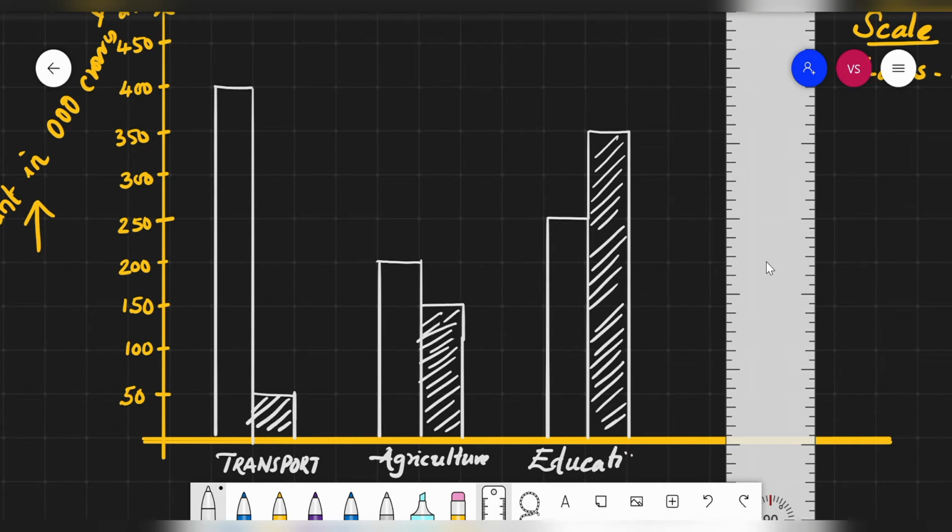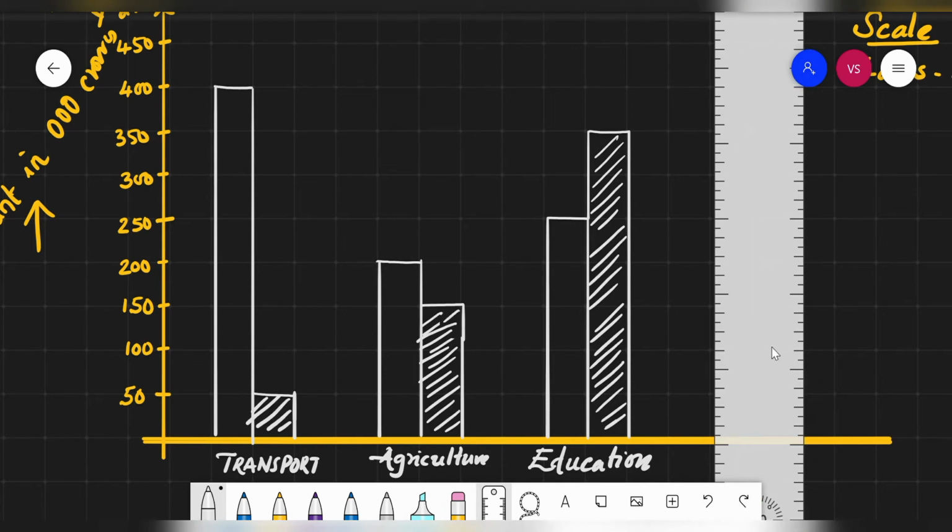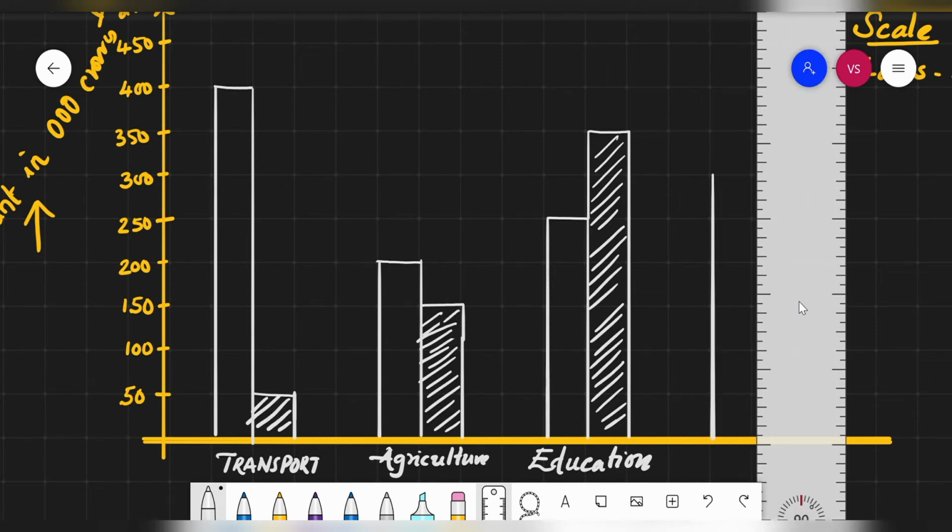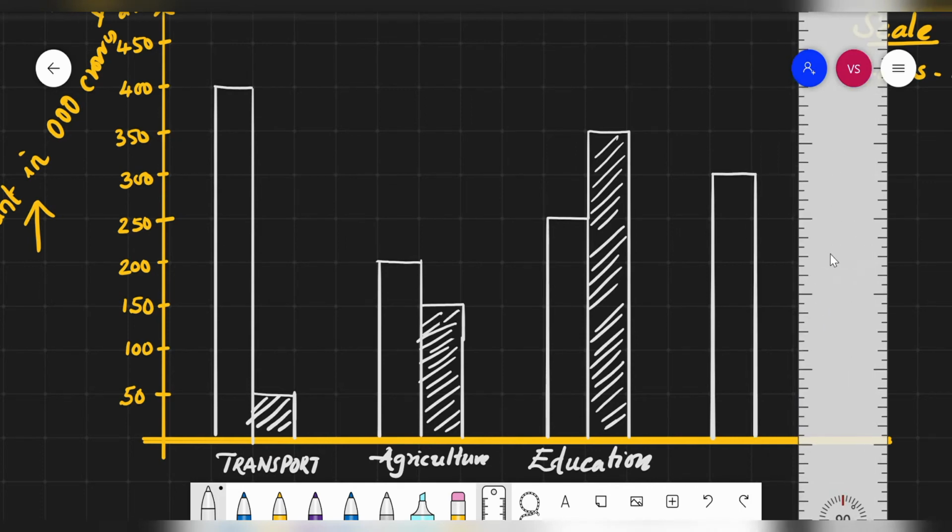Okay, right. The next one is for irrigation. For irrigation, the central government has given an allocation of 300,000 crores. 300,000 crores has been allotted by the central government for irrigation. This is central government, whereas the state government has given just 250.